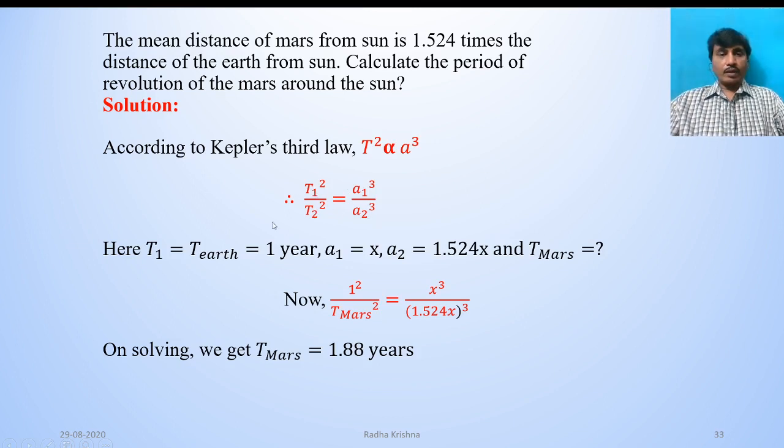From the data given, T1 is equal to T Earth, which is 1 year, a1 is the distance of the Earth from the Sun, that is x, and a2 is the distance of Mars from the Sun, that is 1.524x. Then what is the value of T Mars? Now 1 squared by T Mars squared is equal to x cubed by (1.524x) whole cubed. On solving we get T Mars is equal to 1.88 years.